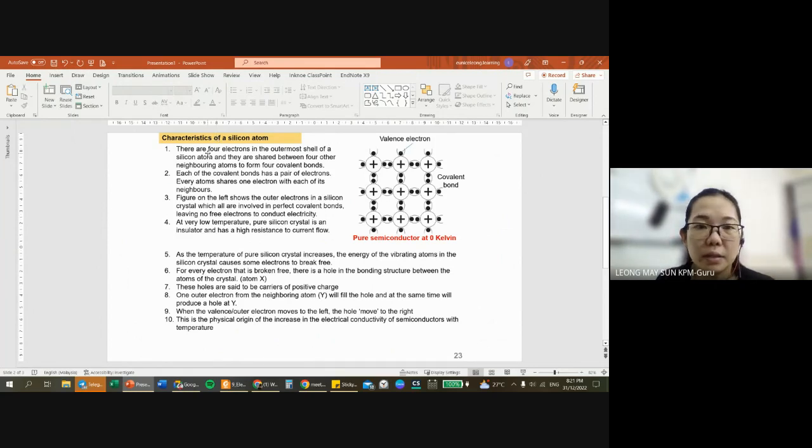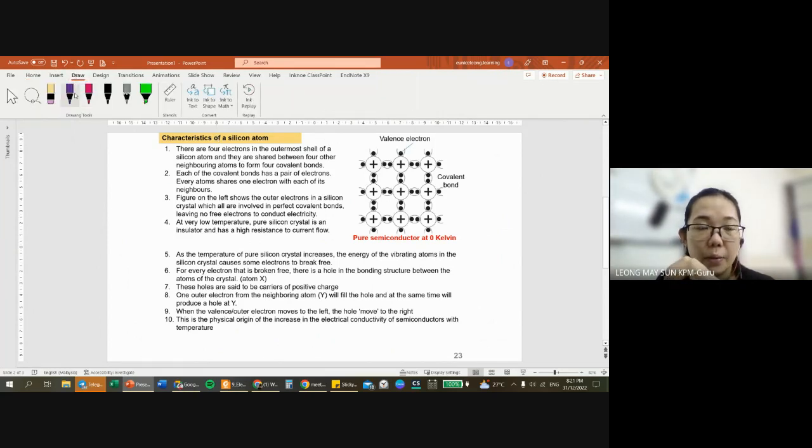The characteristic of a silicon atom, because silicons are pure semiconductors: silicon has 4 electrons in the outermost shell, meaning it has 4 valence electrons.